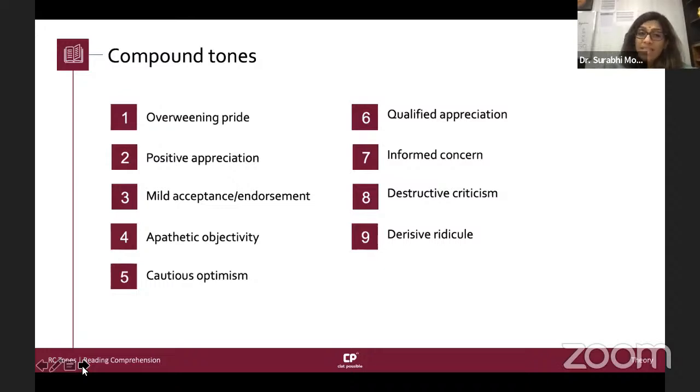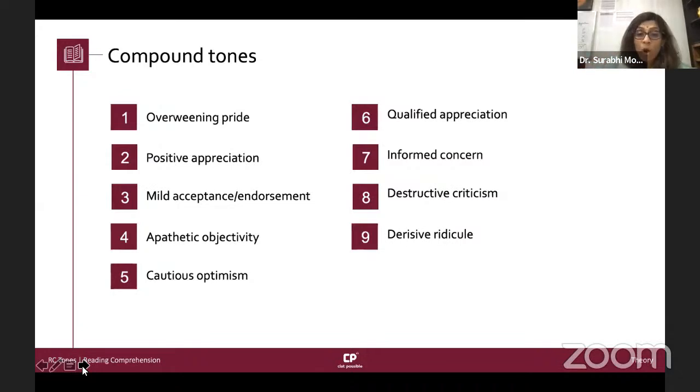But in some cases, like overweening pride or positive appreciation or destructive criticism in number 8, the other word is only just adding a degree. It's not adding a proper new thing. It's just adding a bigger degree. But as I said, number 5, number 6, or number 3, these are giving you an exact description.